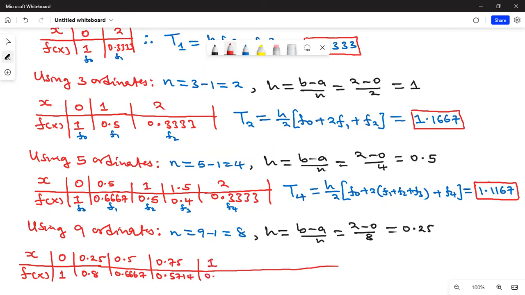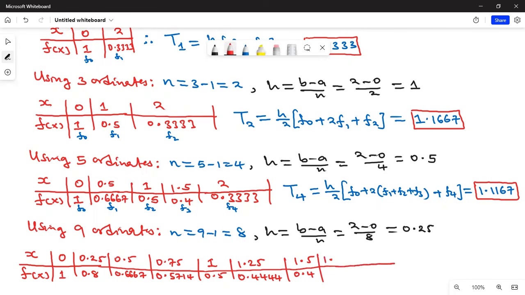That will give us 0.5. The next is 1.25. The corresponding f of x value is 0.4444. Continue adding, you get to 1.5. And so there's 0.4. Proceed to add 0.25.